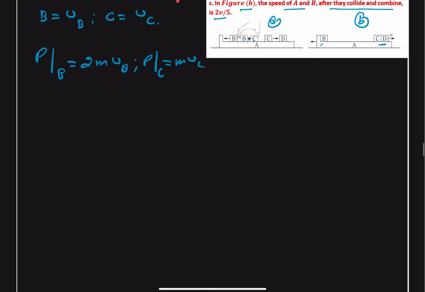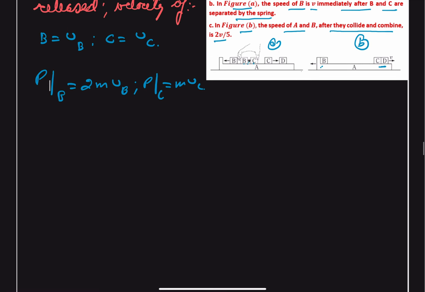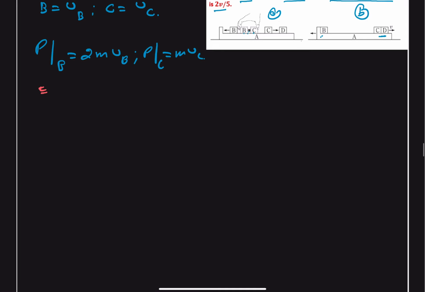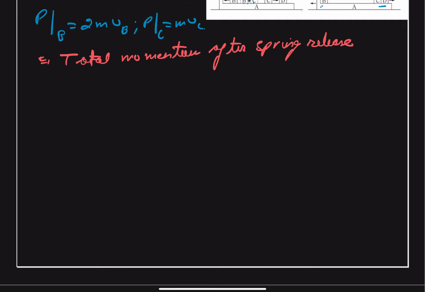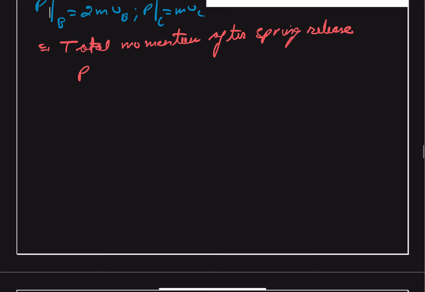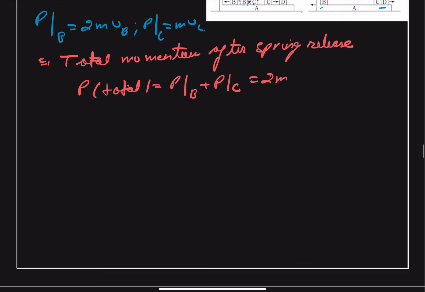So their total momentum after releasing the spring, let us call that P total, will be equal to momentum of B plus momentum of C, and this gives us 2mVb plus mVc.